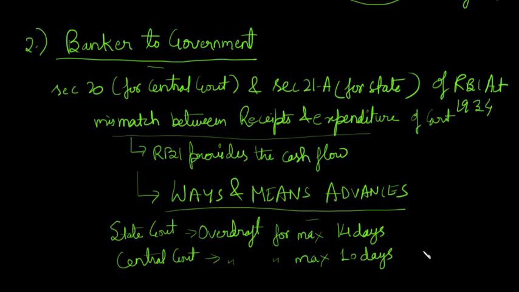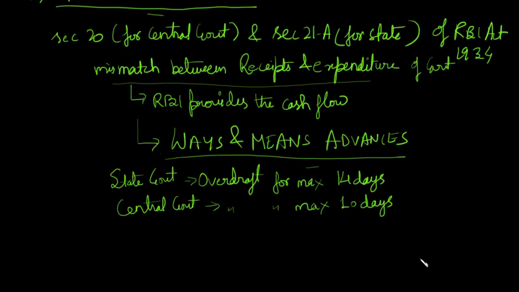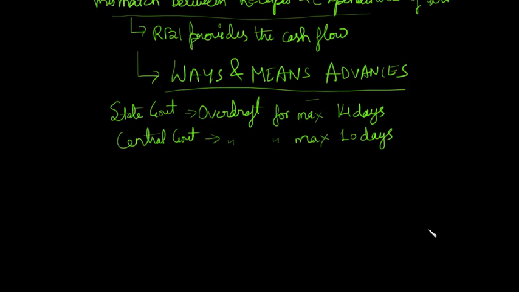Apart from that, RBI charges a penalty that is linked with the repo rate. That I will tell you later, what is repo rate. So this is the concept behind this function of RBI, banker to the government.